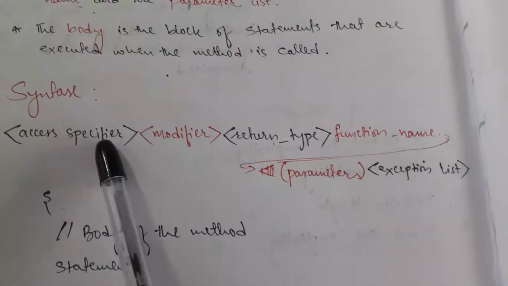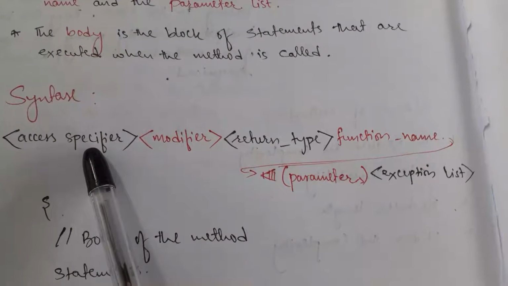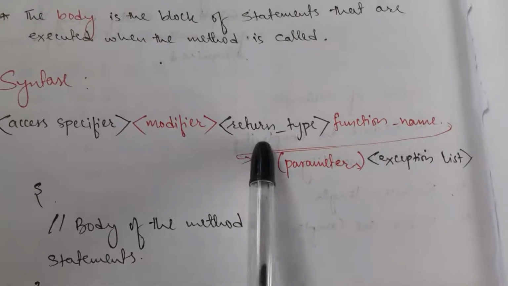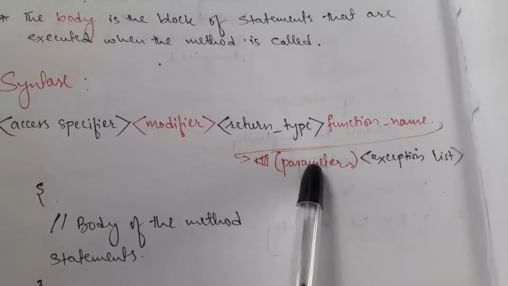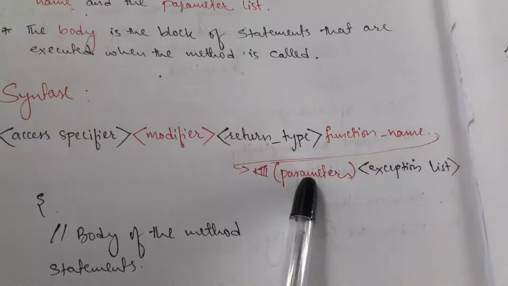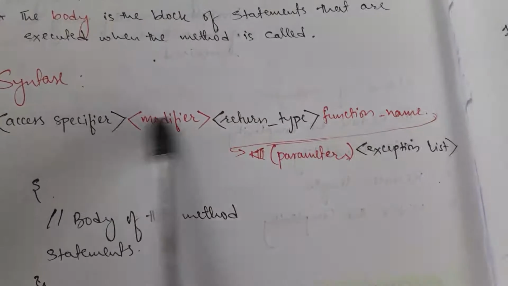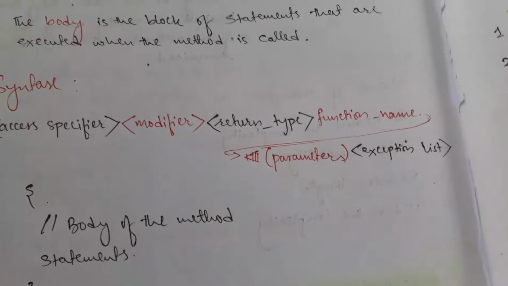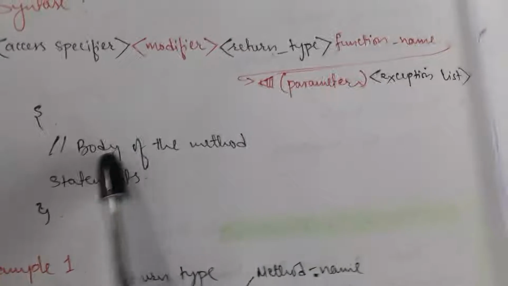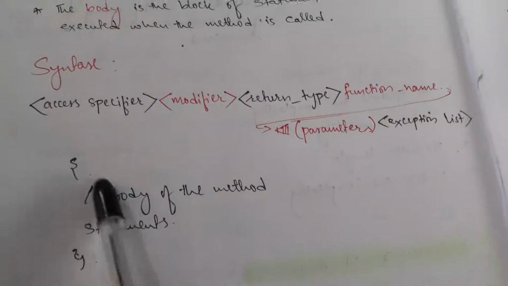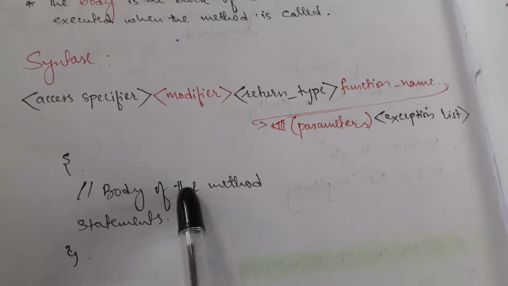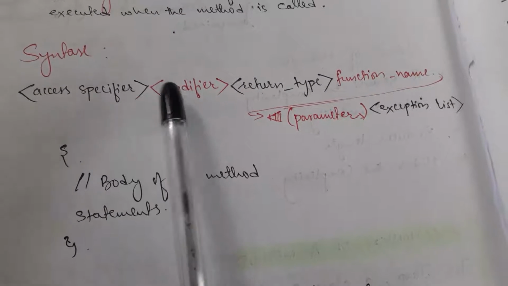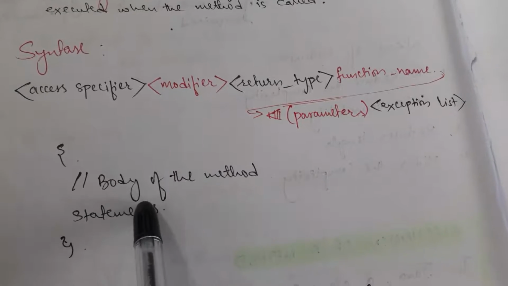The header part is divided into three important parts: access specifier, return type, and function name, and the parameter list will also be present. These are the things that will be present in the header part of a method. The second part will be given inside the curly braces, which is called the body of the method. Whatever is mentioned inside the curly braces in the method is considered as the body of the method.